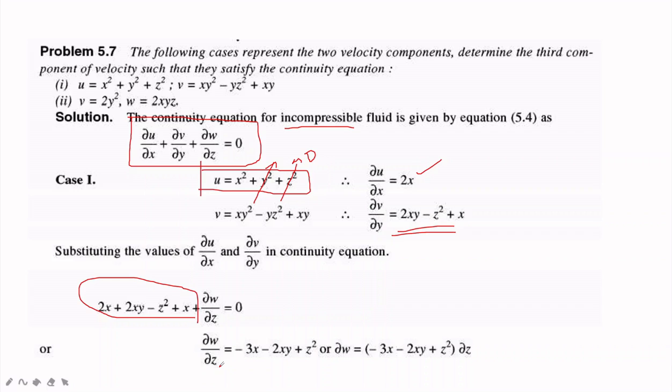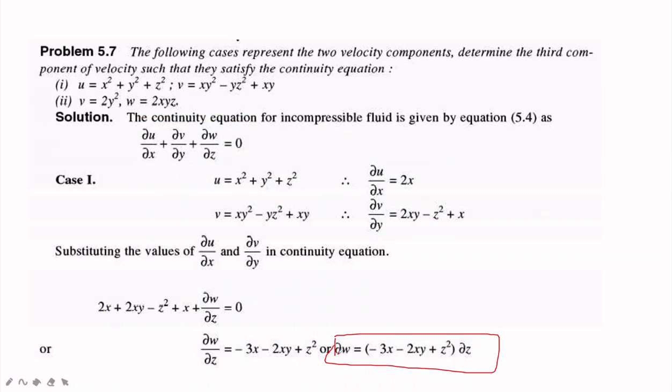So ∂w/∂z is equal to minus 3x, since 2x plus x is 3x, minus 2xy plus z², or ∂w is equal to minus 3x minus 2xy plus z², into dz. So this is how we can solve the problem. So now what we found is ∂w equals minus 3x minus 2xy plus z² into dz.